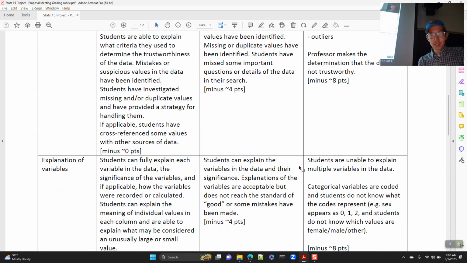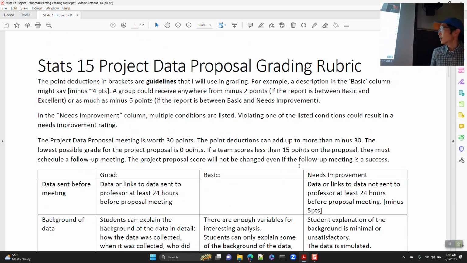Okay, let me open up this project proposal grading rubric. This is for when you have your proposal meeting. The project is worth 300 points, and this is worth 30 out of those 300 points. So it's 10% of your final project grade.